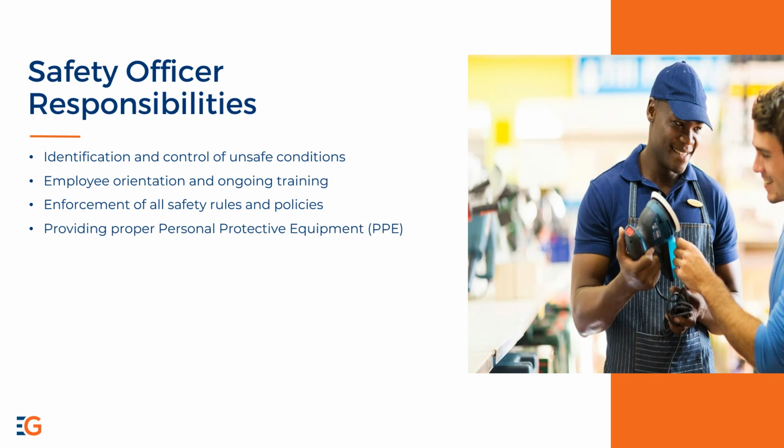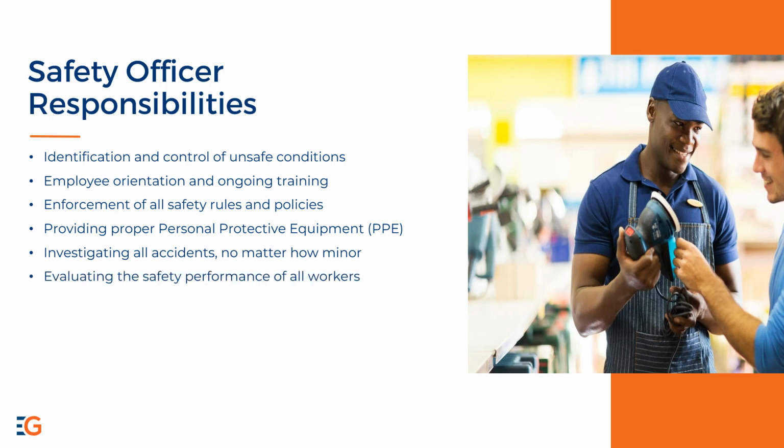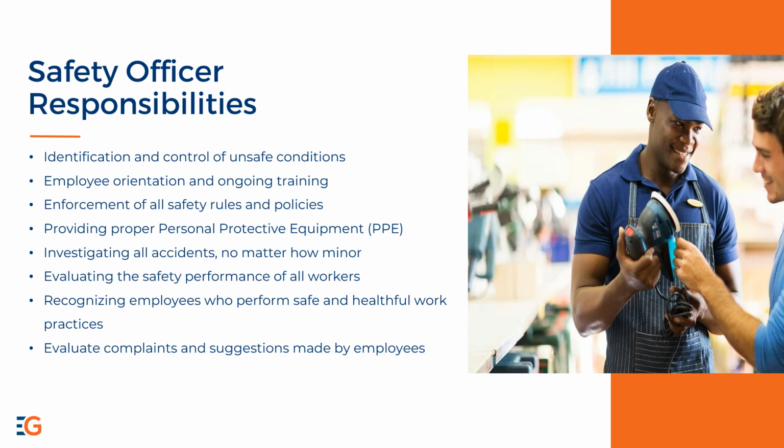Provide proper personal protective equipment, PPE, when hazards cannot be engineered out of the operating procedure. Investigate all accidents, no matter how minor. Evaluating the safety performance of all workers. Recognizing employees who perform safe and healthful work practices, and evaluate complaints and suggestions made by employees.